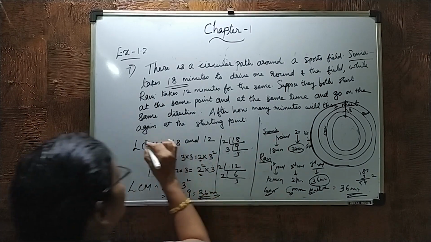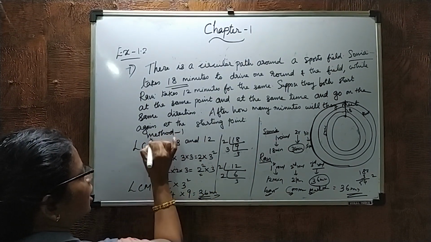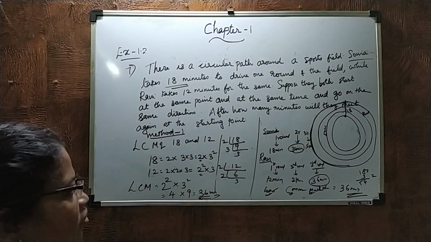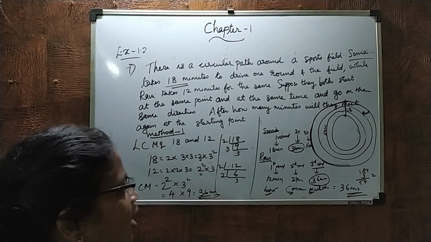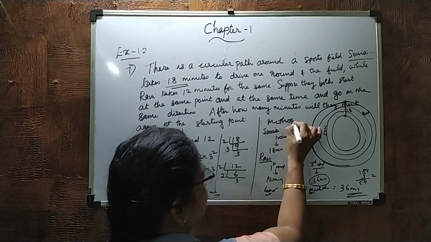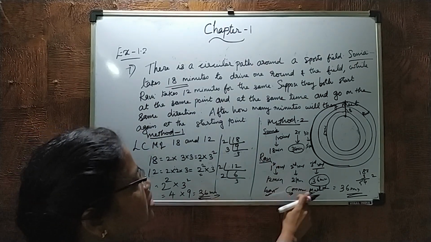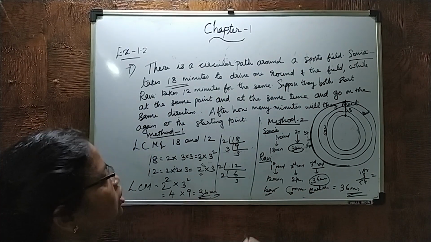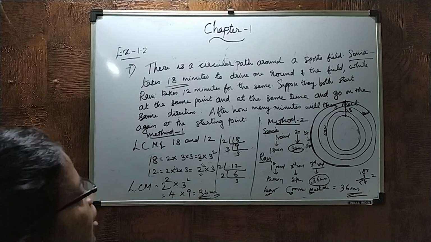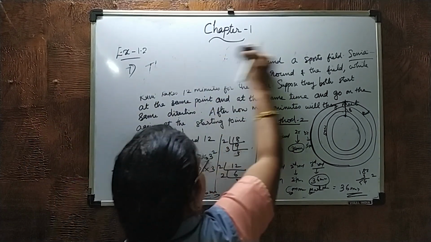This is method 1. From the question you have to assume whether it is LCM or HCF, then find out the answer. And this is method 2. Any one method will be enough for you. At the last you have to write least common multiple, 36 minutes. So what do you write at the last? You have to write that in 36 minutes they will meet at the starting point.